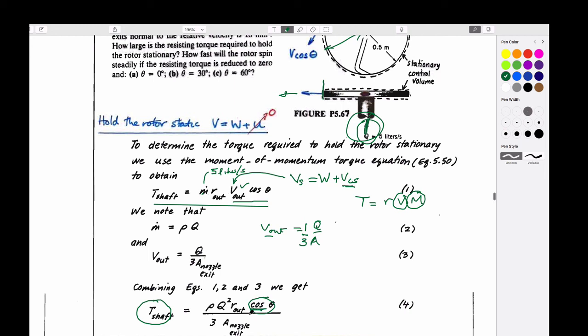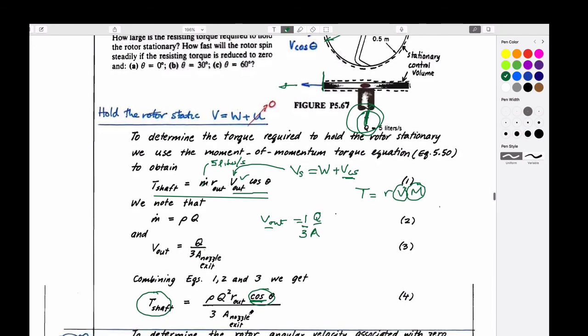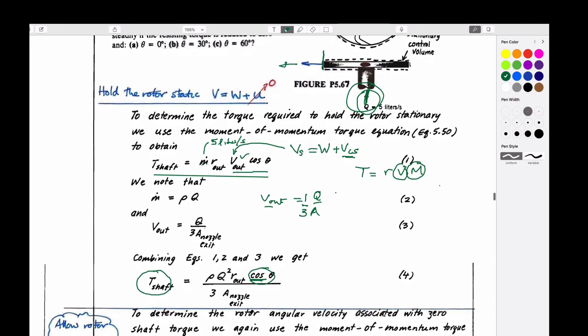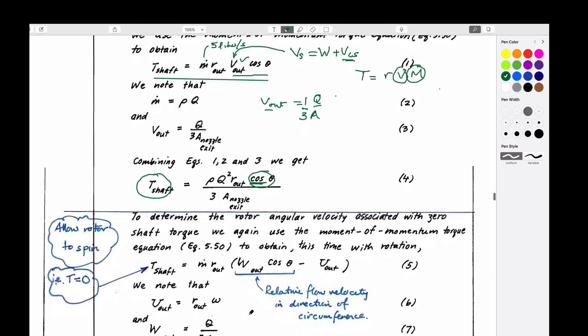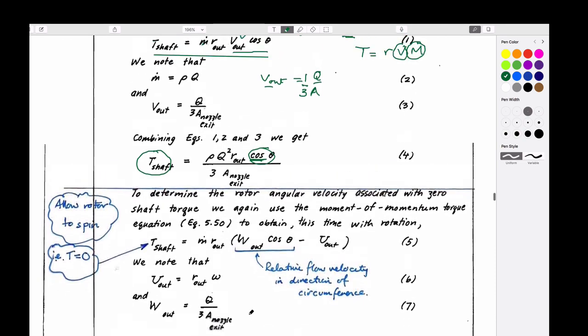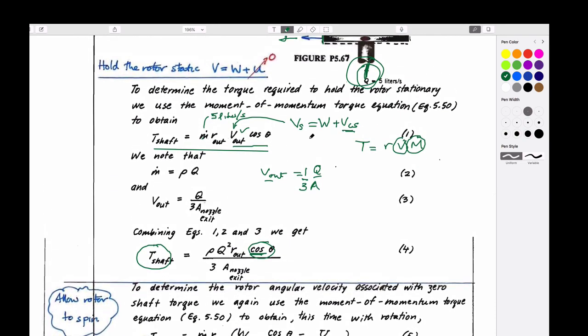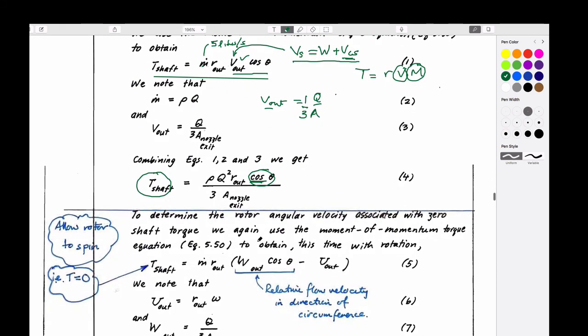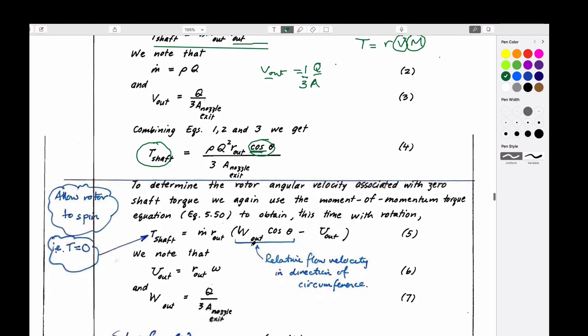First condition. So let's now let that go and put the shaft to 0 and do the same calculation. If we make the substitution for this expression here, then this is what we get. This is the velocity coming out of the sprinkler head relative to the sprinkler head.